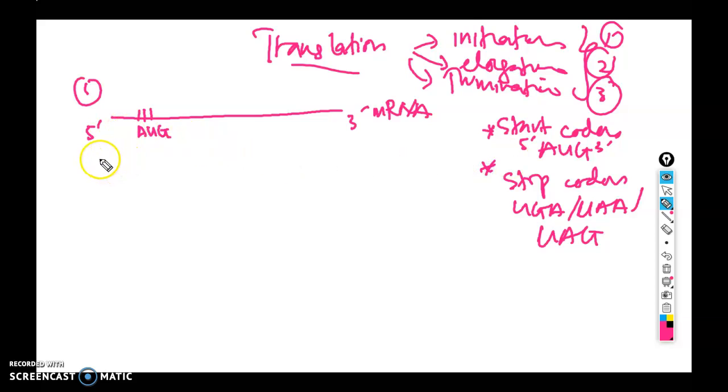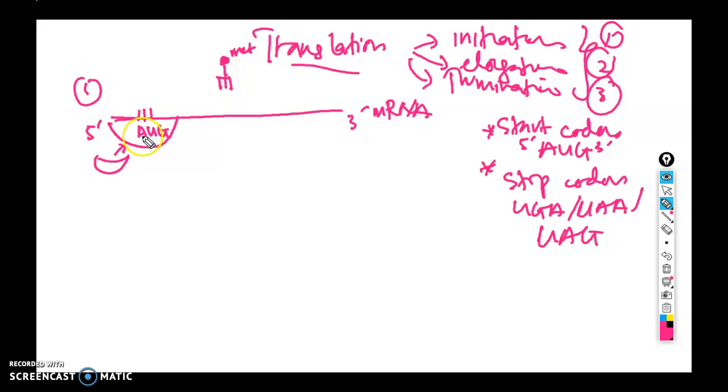Okay, first kita ada small ribosomal subunit. Tadi kita dah mention components of the translation. Kita ada ribosome, kita ada mRNA dan juga tRNA. Now the second component: small ribosomal subunit will attach to the 5 prime end of the mRNA strand, followed by the initiator tRNA carrying methionine, or encoding for methionine.